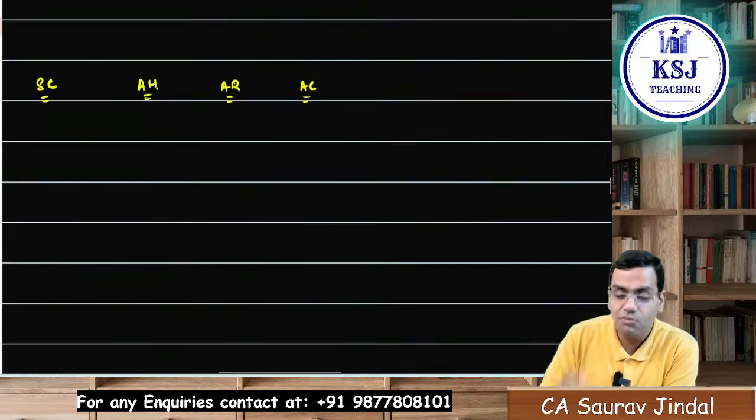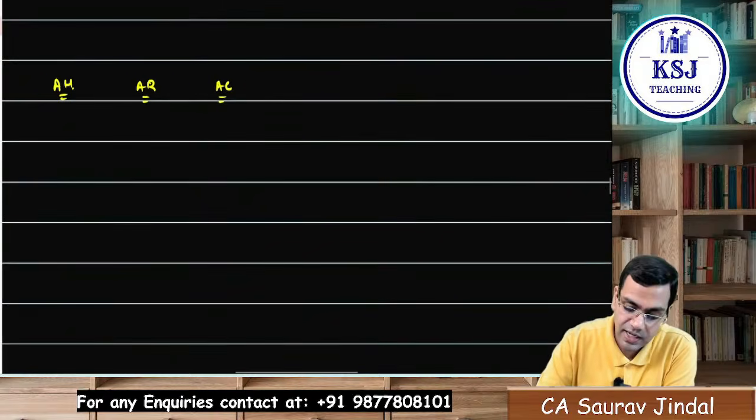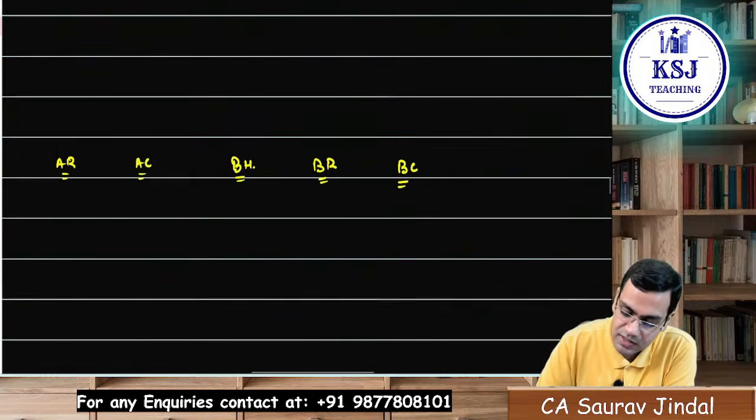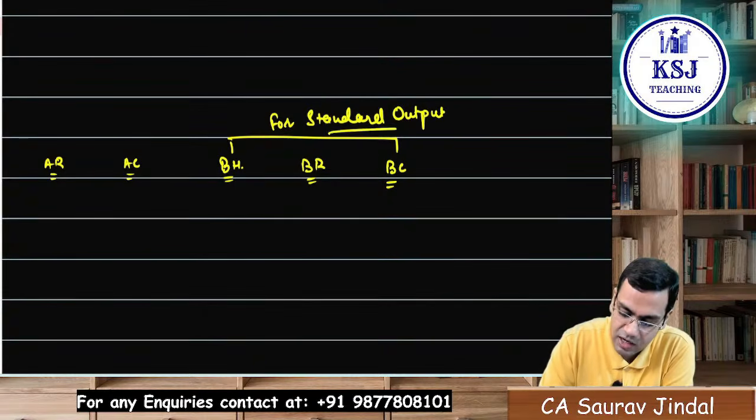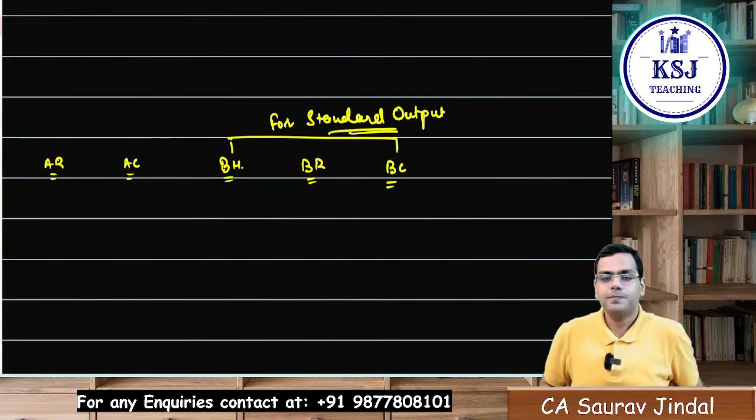Then 3 more columns will be there. In this case, we take the budgeted hours, budgeted rate and budgeted cost. Now this represents what? This represents all the data for standard output, right? For a standard output. Clear?